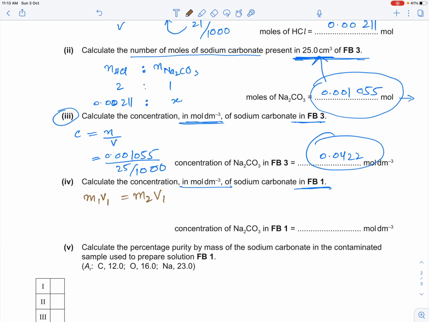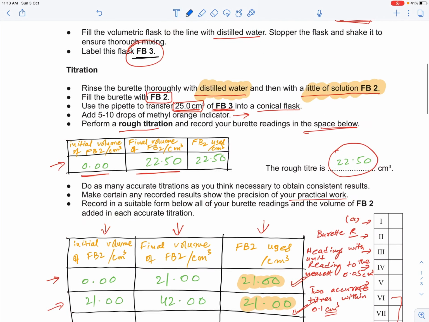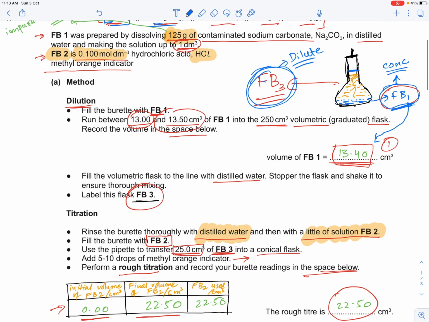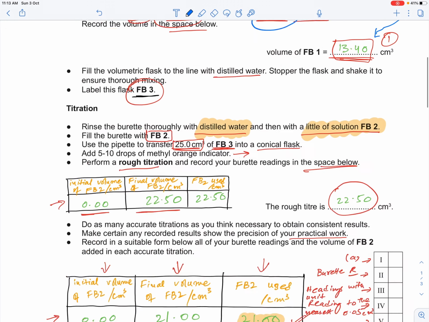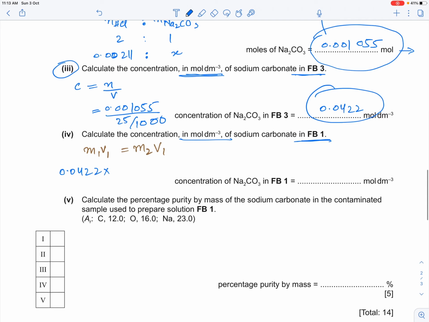So M1 is the concentration of the diluted solution, which was 0.0422, which we just calculated in the last part. And what volume of diluted solution did we make? We made 250 cm cube.